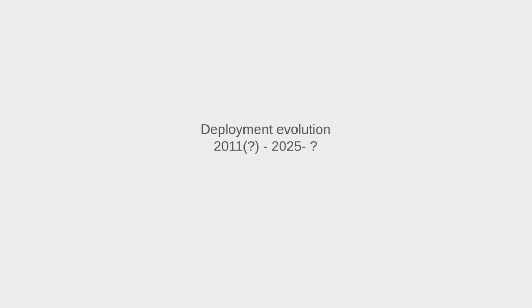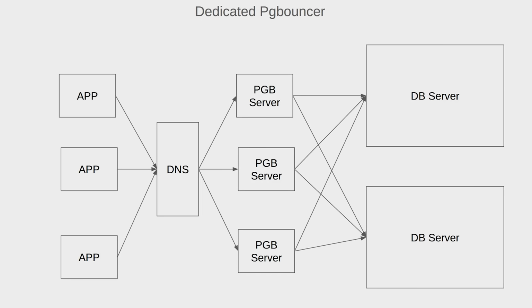Yeah, we had some history of evolving the way that we deployed the applications, and it also affected the way that PGBouncer is deployed, because it's also an application. Sometimes we had a dedicated PGBouncer which ran on its own server, and we went to it, and then it went to a database. But this was not an optimal way, because it's hard to scale.